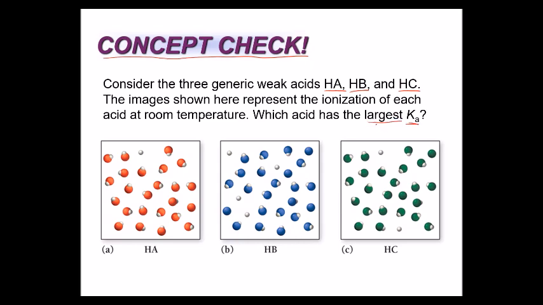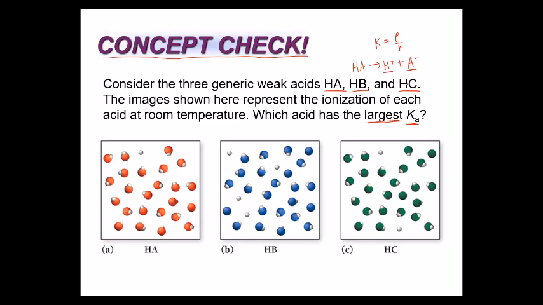Now remember, when we're talking equilibrium constants, K is products over reactants. And if we're talking about acids, we're talking about acids splitting apart into their ions, one of which, of course, is hydrogen.